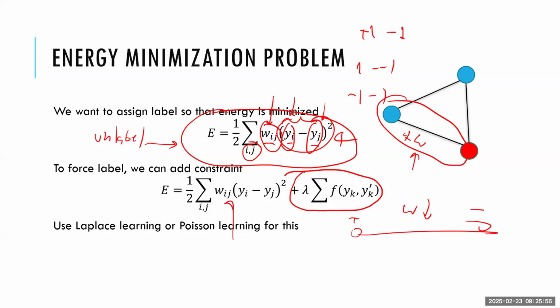It means that we want to force the label. So this yk is basically your variable, and the y prime k is your label, the true label. So basically you want to force the label to be the one that you already know the answer, but sometimes forcing it is actually very hard for the optimization to work.